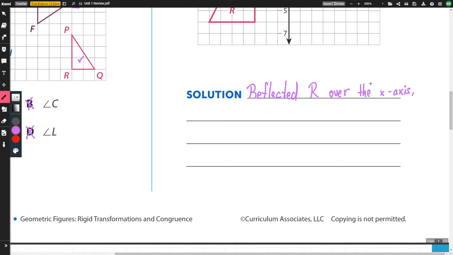So for here, it would be over the x-axis. Then rotated 90 degrees clockwise around the origin.